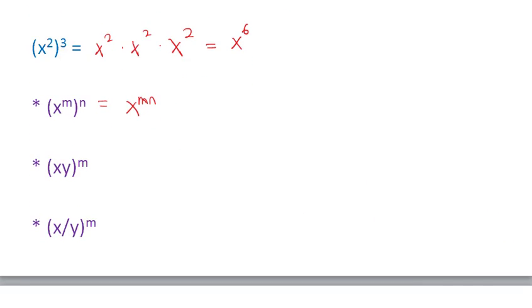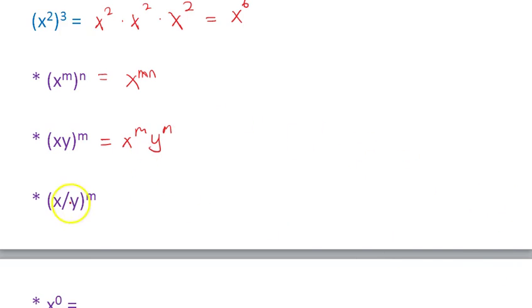And moving on. I don't have numeric examples for these, but it does come up sometimes that people think about having 2 different variables or a number and a variable to a power. What can you do? Well, that power applies to everything in the parentheses. So if you need to separate it, it actually applies to both. So you could say this was x to the m and y to the m.